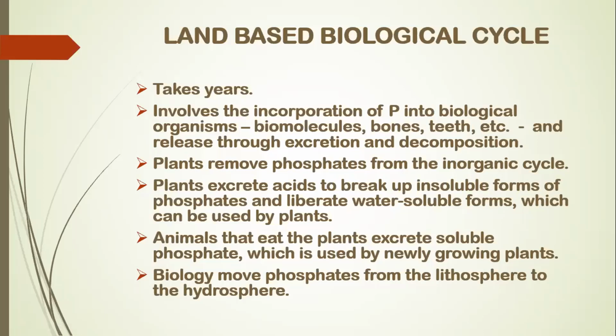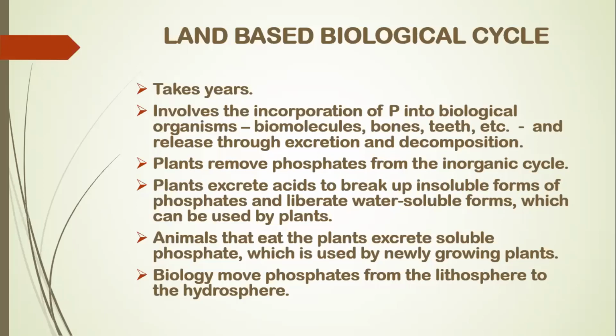Plants remove phosphates from the inorganic cycle. Plants excrete acids. This is a very intelligent thing for the plants to do. Plants excrete acids to break up insoluble forms of phosphates. Now we're talking about plants growing in a soil anywhere on the planet. So the plants have a way using biochemistries, in this case acids. They excrete them from the roots.